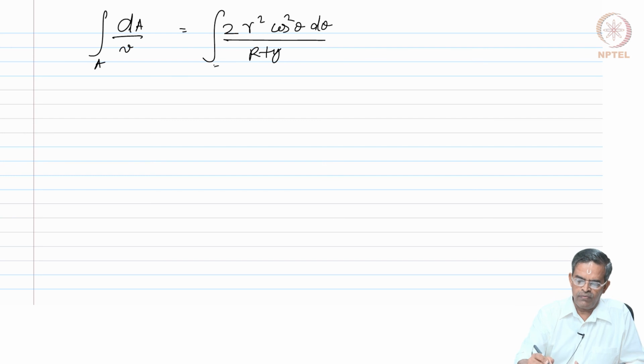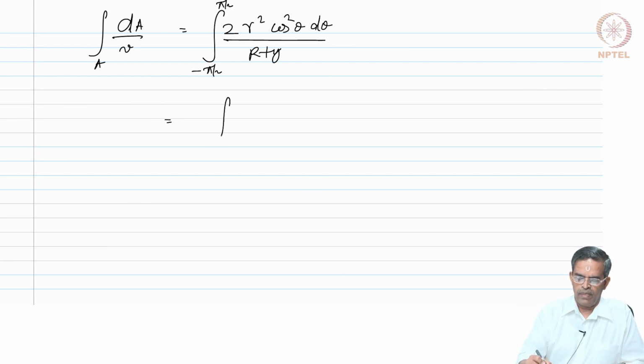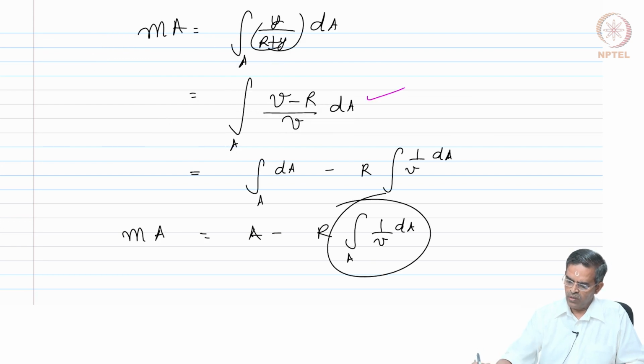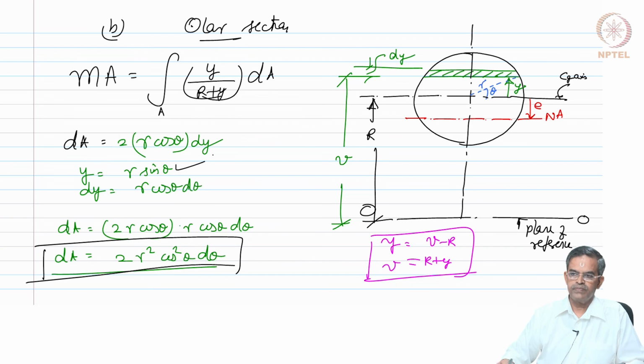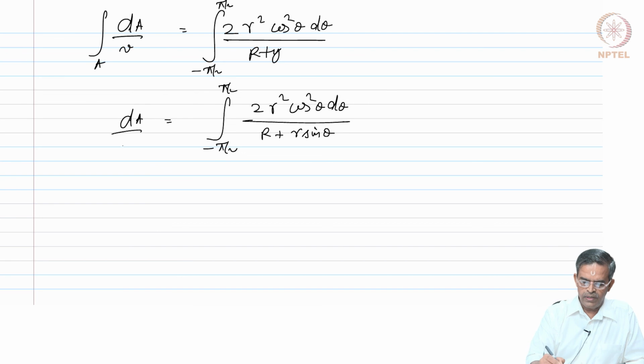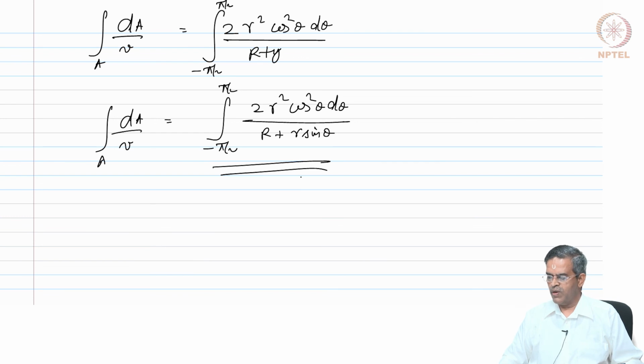So theta has to now vary from minus pi by 2 to plus pi by 2. I am covering the whole section. So, which will now become integral from minus pi by 2 to plus pi by 2 of 2 r square cos square theta d theta by r plus r sin theta, because you see y has also changed. Okay friends, it is a very interesting integral, which is dA by v integral over A. We will stop here. I want you to evaluate this integral. I will continue this in the next lecture.